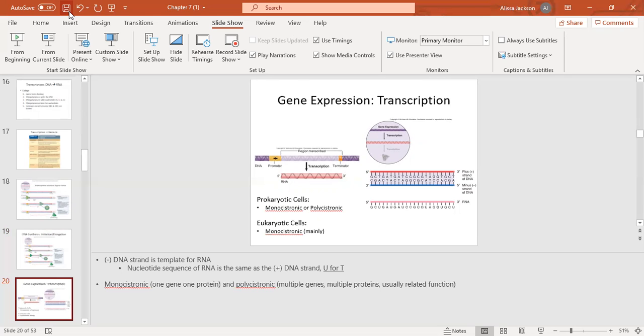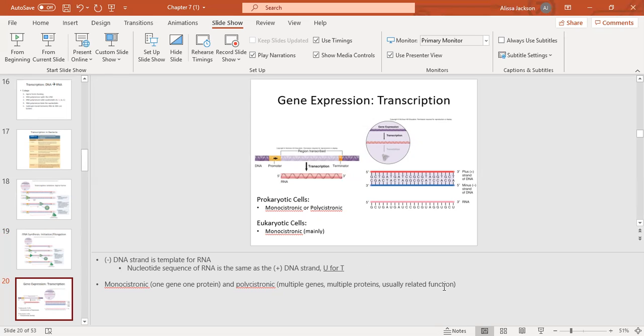In eukaryotes, most genes are one gene, one promoter, and a sequence that is one gene, one protein, right? So that's monocistronic. And polycistronic, multiple genes and multiple proteins are transcribed under control of the same promoter, organized in an operon, and they usually have related function, right?